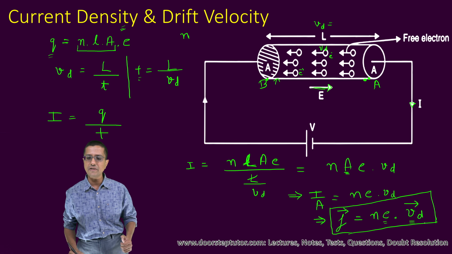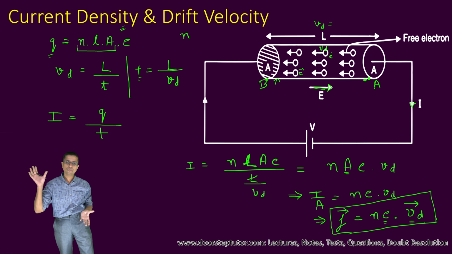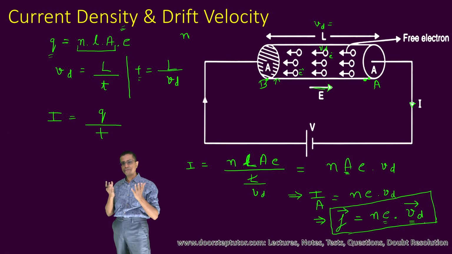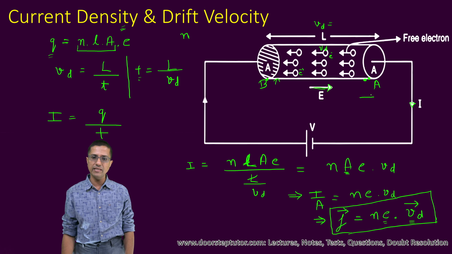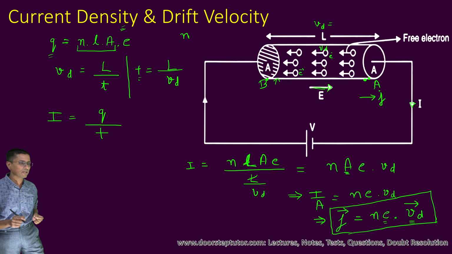In the case of electrons, because the charge is negative, the current density and hence the current comes out to be opposite to the direction of the drift velocity Vd. So our direction of J in this case would be opposite to the direction of the drift velocity. Again, this formula is very important.